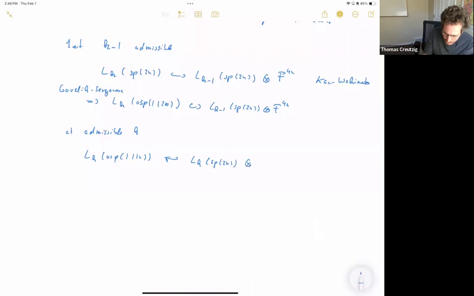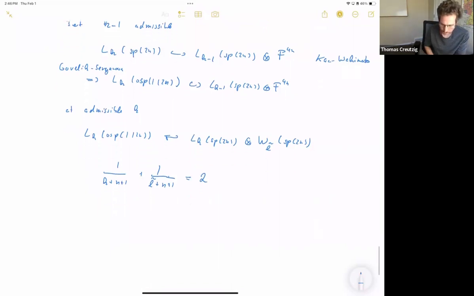And its commutant is also a principal W algebra of type C. And here this L tilde is best described by adding up the inverses of the shifted levels. So level plus dual Coxeter number of SP 2n, the inverses add up to 2.